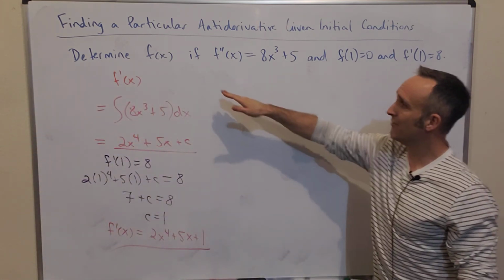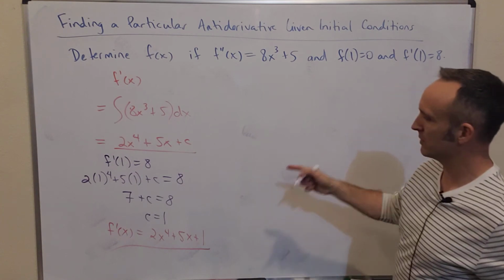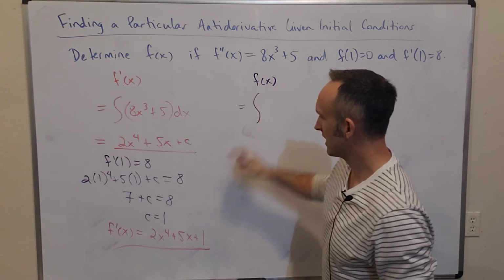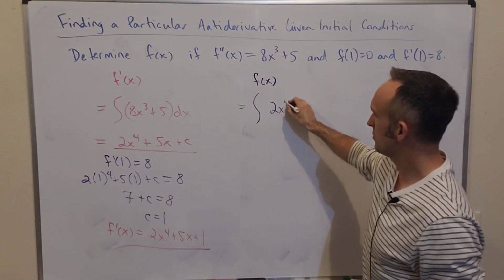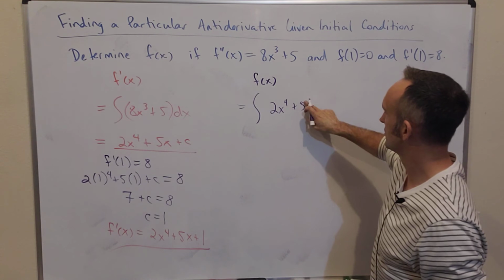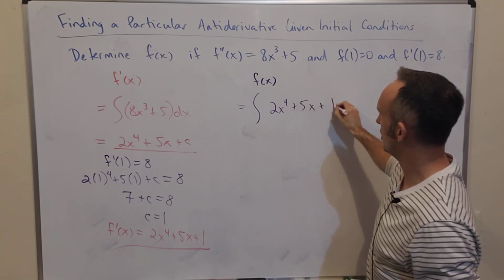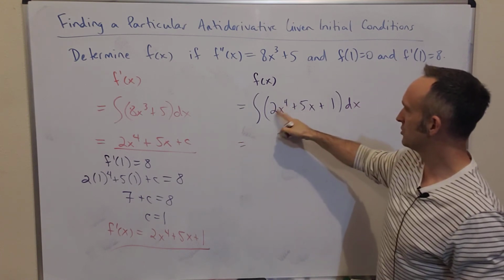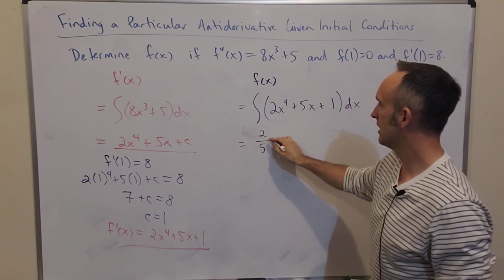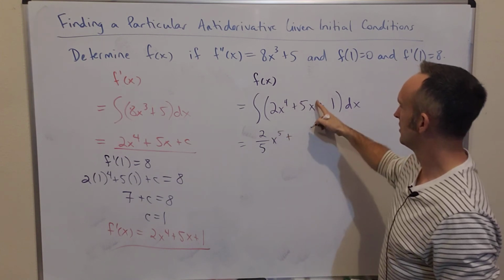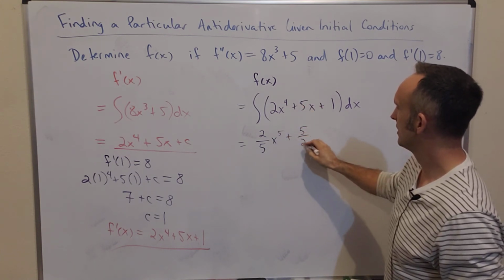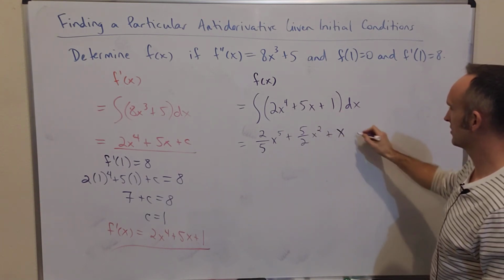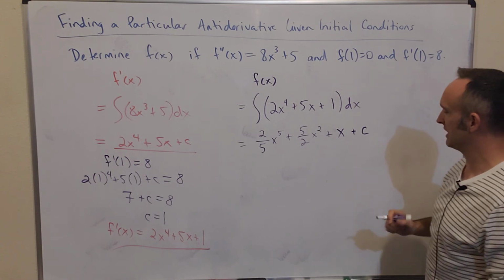Okay, so that's my first derivative function. Now I need to figure out f of x through the process of antidifferentiating f prime. So f of x equals the antiderivative of 2x to the 4th plus 5x plus 1 with respect to x, which gives me 2/5 x to the 5th plus 5/2 x to the 2nd plus 1x, or just x, plus a new constant c.